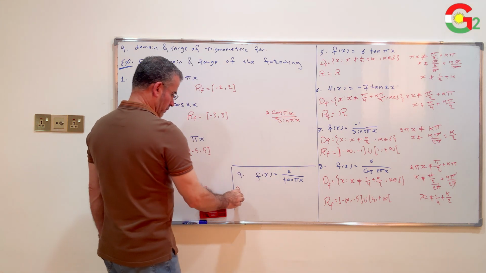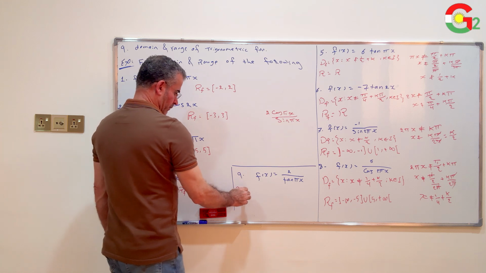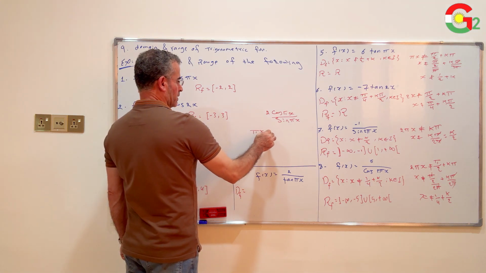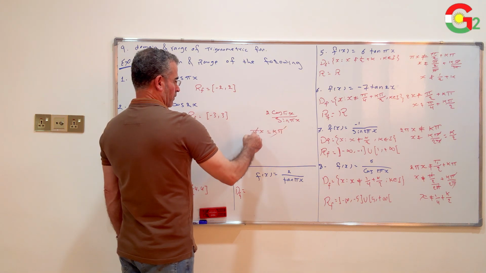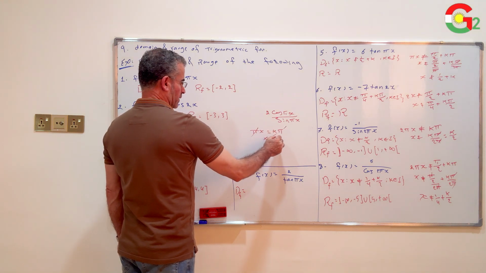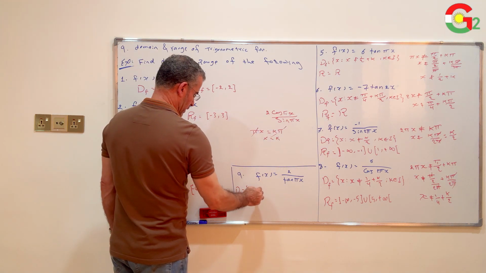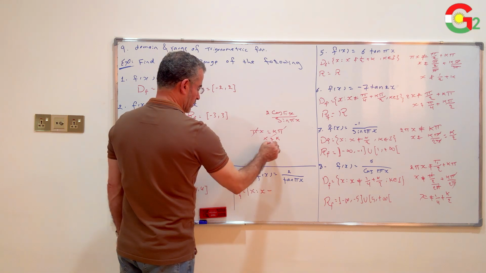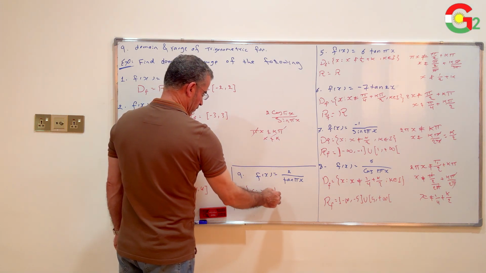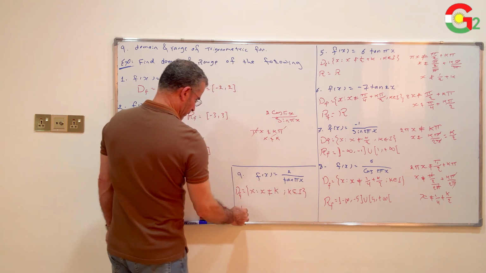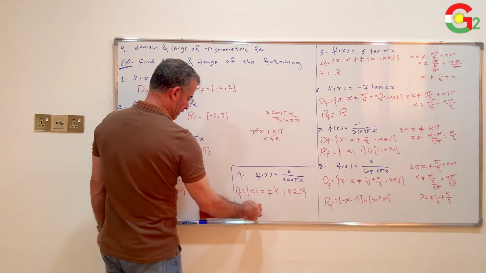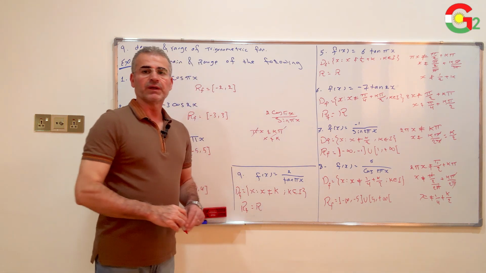Then for the domain, set pi x equal to k pi, pi with pi, x equal k. All x where x not equal to k, k is any integer number. For the range of f, it is all real numbers.